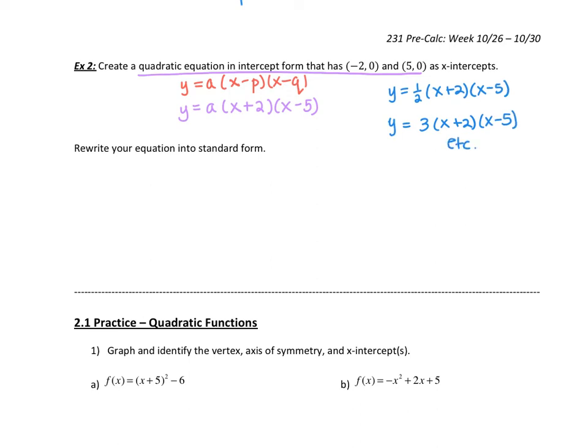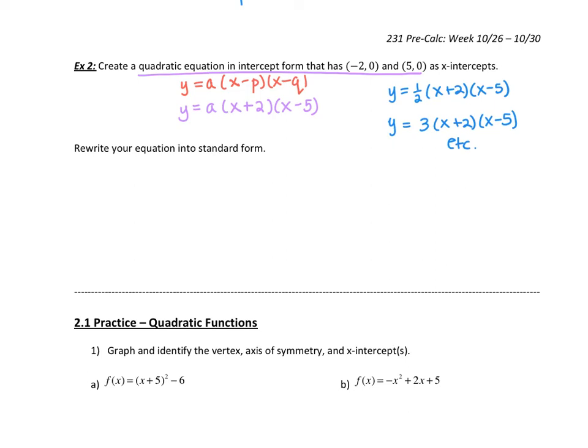Alright, which means that you can have many, many parabolas that intersect at the point negative 2, 5. Some might be wider, some might be narrower, depending on where your vertex is. That doesn't matter. And so an a value of 1/2 would give me a wider parabola, and an a value of 3 would give me a skinny and tall parabola because it's vertically stretched.